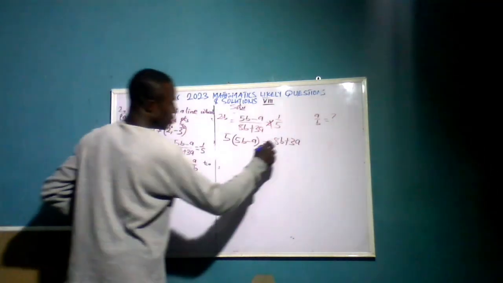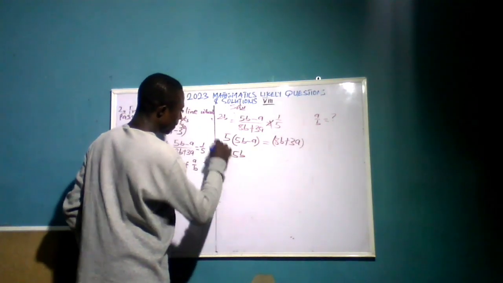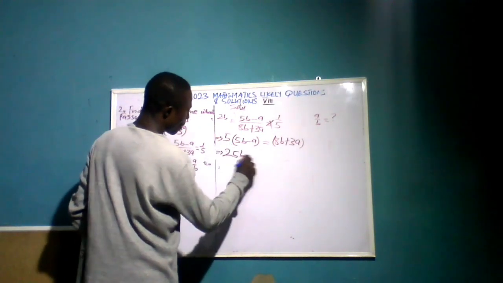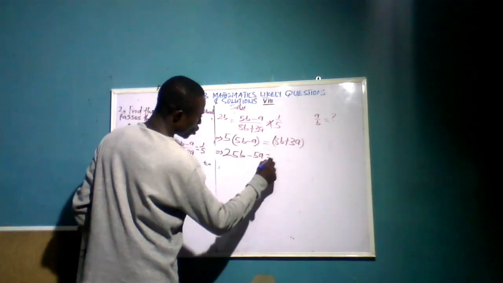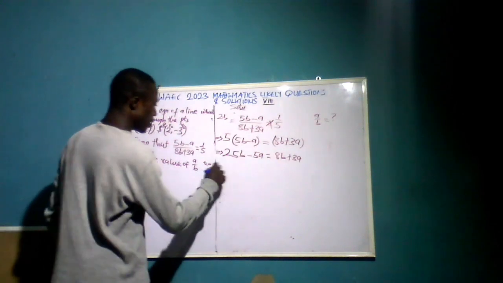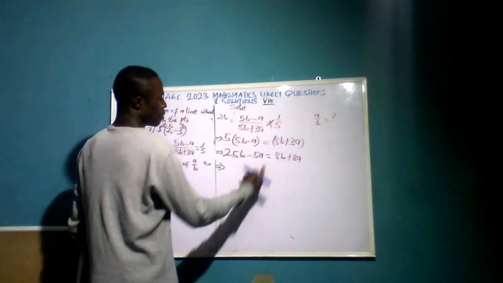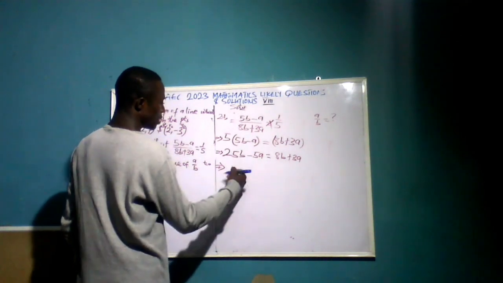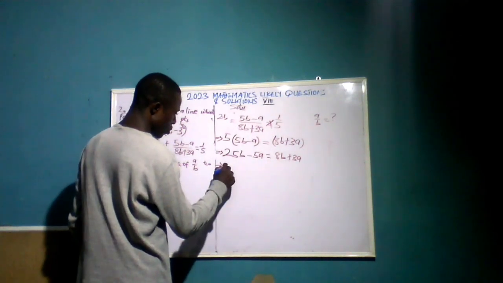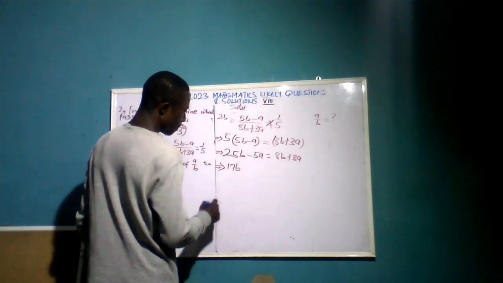Now let's clear up the brackets so that we have 25b minus 5a equal to 8b plus 3a. And from here, you can collect the like terms, to have 8b taken from this side to this side, that will be 17b, okay?